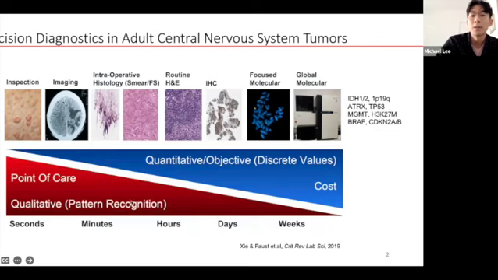But where pathology lies is somewhere in the middle, where pathologists look at H&E stained whole slide images scanned by digital scanners, or immunohistochemistry stains that you can look at and quantify. Based on the results of the immunohistochemistry, you can subclassify things like brain tumors, or in this case, this neurofibroma.